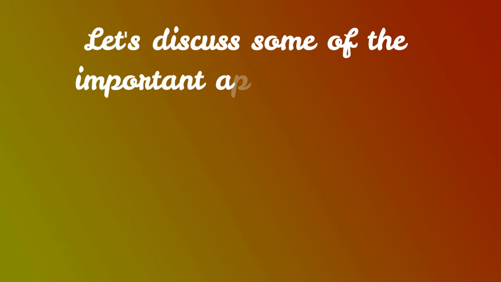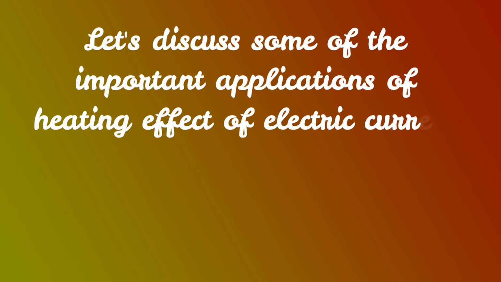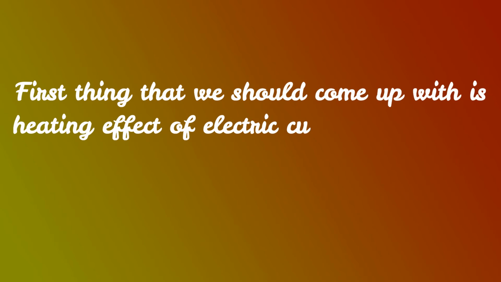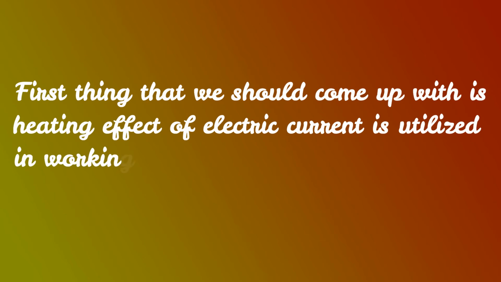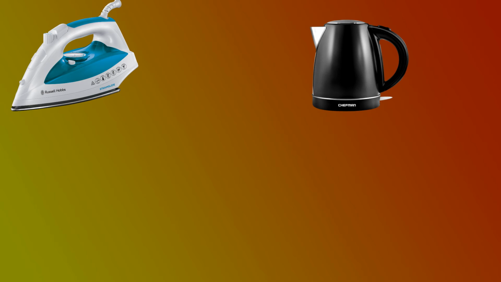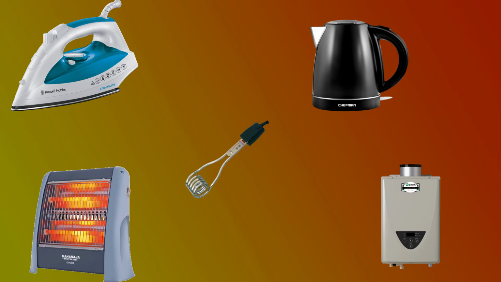Let us now discuss some of the important applications of the heating effect of electric current. The first thing is that the heating effect of current is utilized in the working of electrical heating appliances such as electric iron, electric kettle, electric toaster, electric ovens, room heaters, immersion rod or geysers.